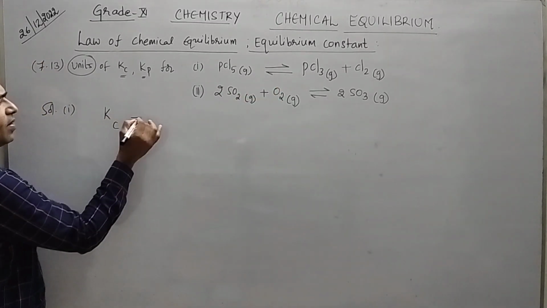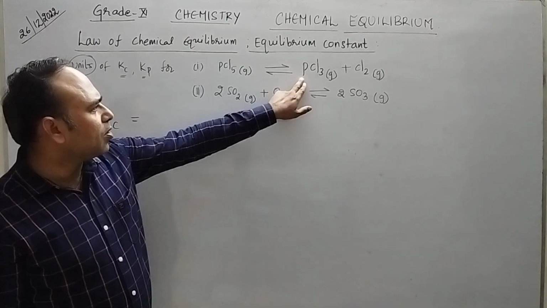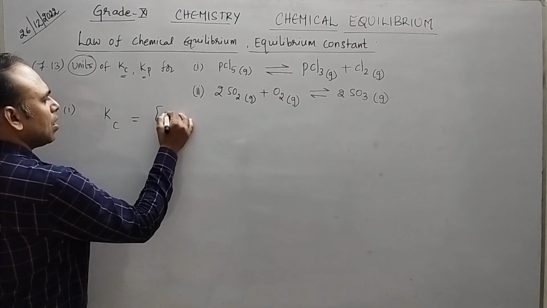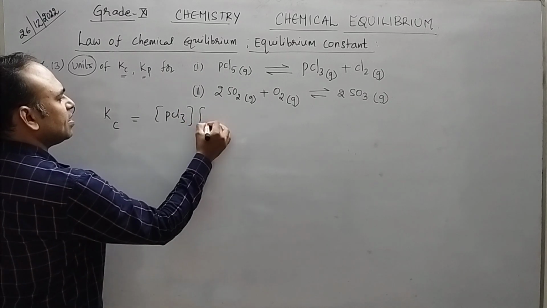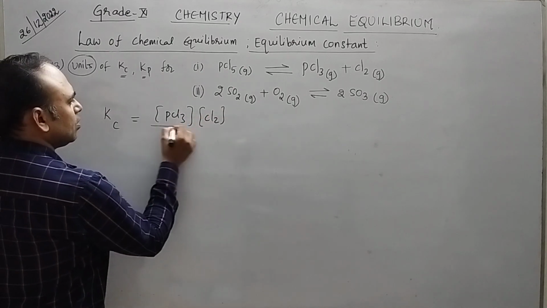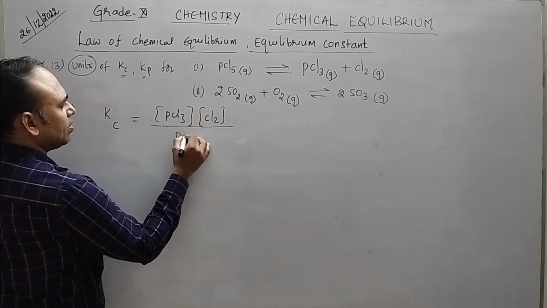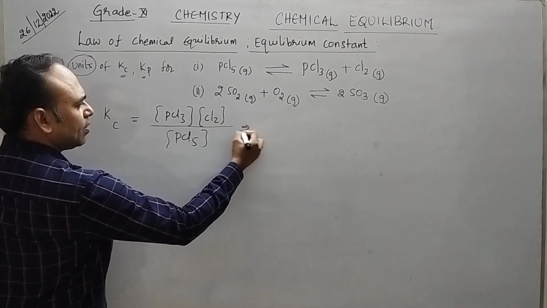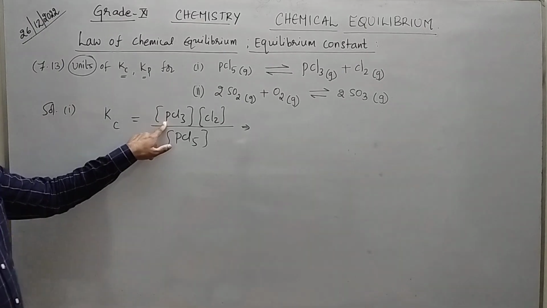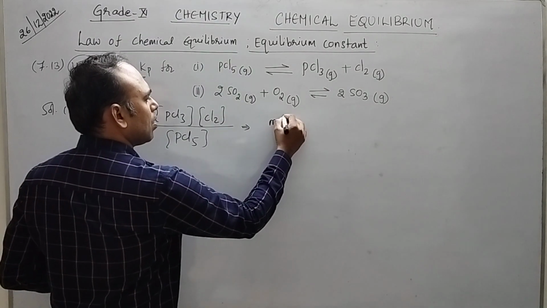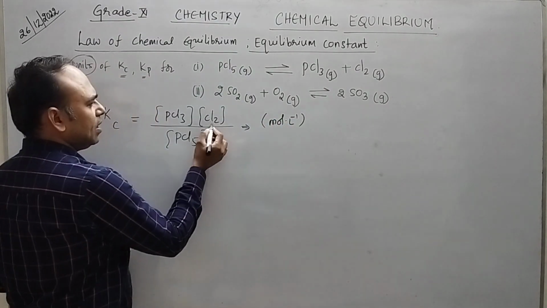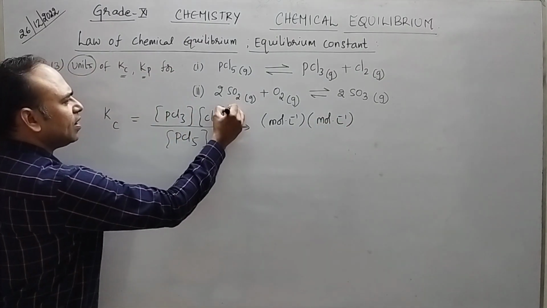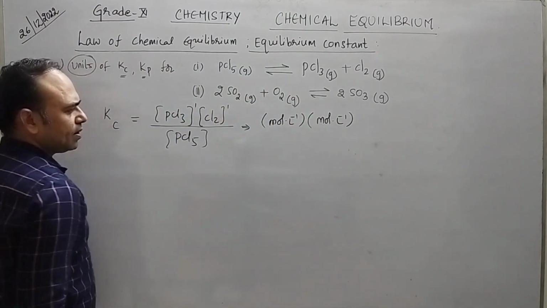So Kc is equal to, you know that, the product of concentration of the products, nothing but concentration of PCl3 into Cl2 by concentration of PCl5. Now in this condition, you know the unit is mole per liter, and here also the unit is mole per liter. The coefficient is 1, hence you write only 1 here.